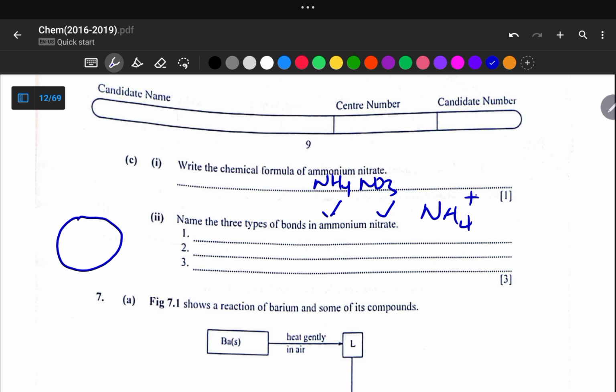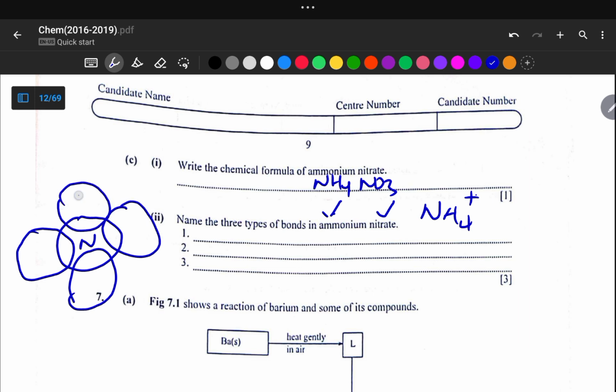So we've got nitrogen being the central atom, with hydrogen here, here, here, and another hydrogen here. The nitrogen is a period 2 element with the electron configuration 2,5, and hydrogen has 1 electron.